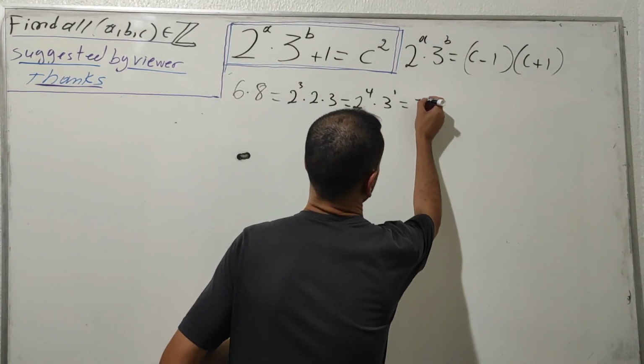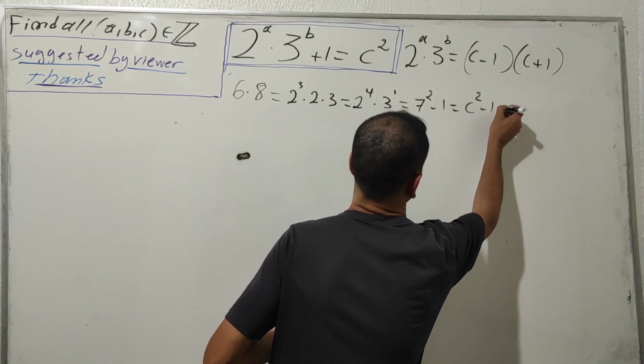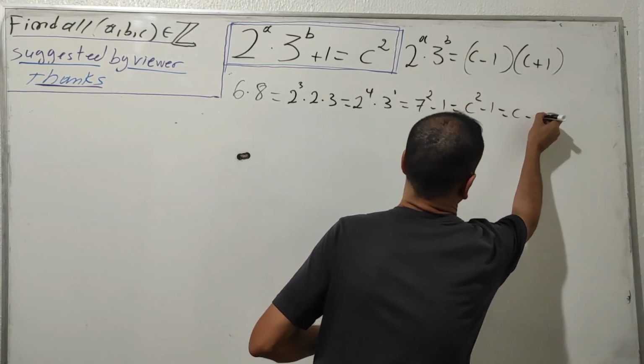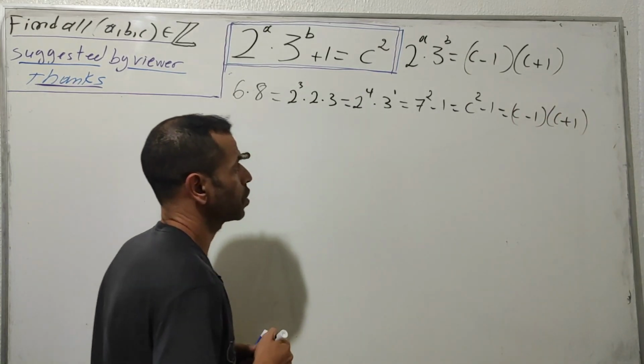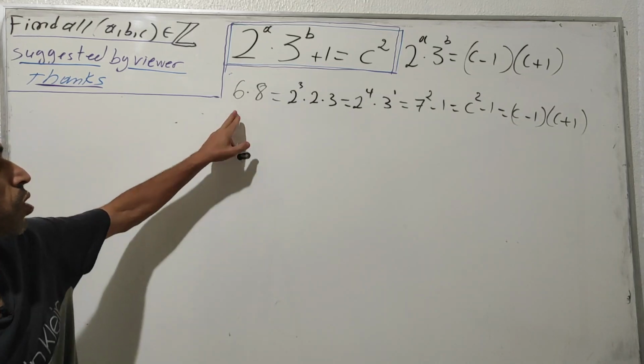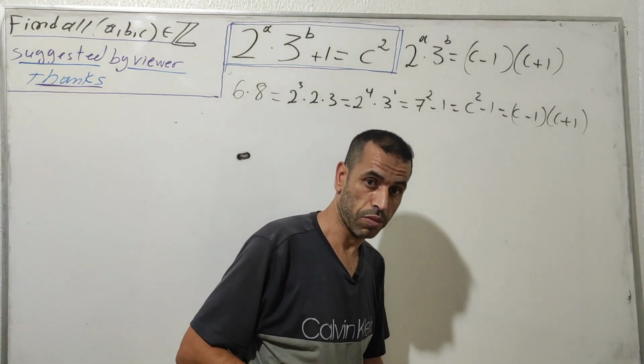49 is the same as 7 squared minus 1, which equals c squared minus 1, which equals (c minus 1)(c plus 1), because c minus 1 and c plus 1 differ by 2.